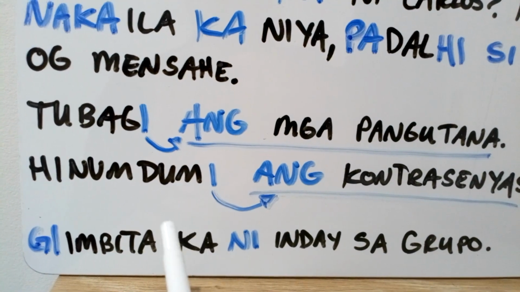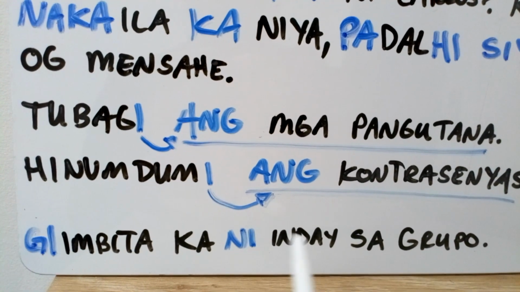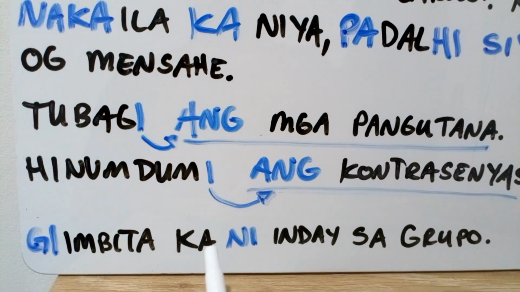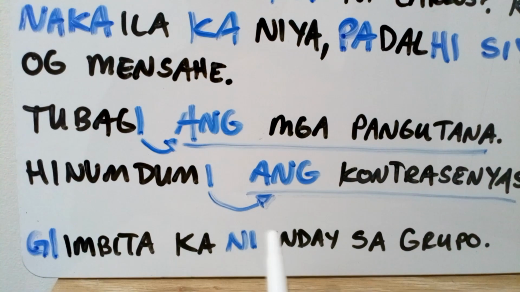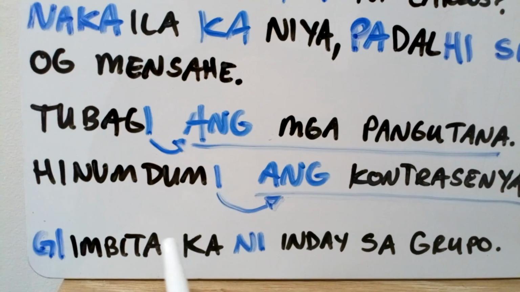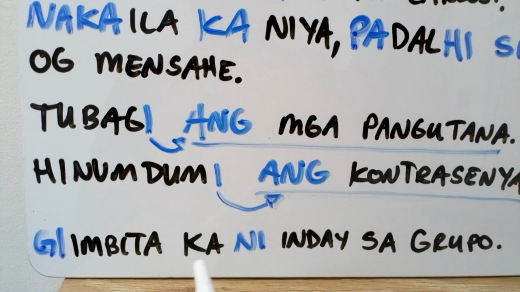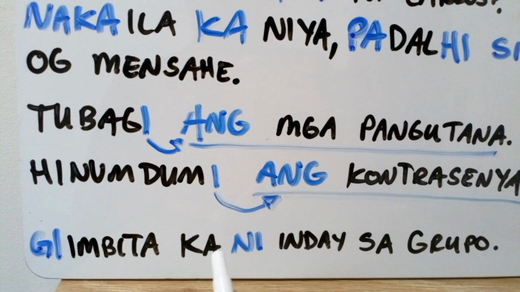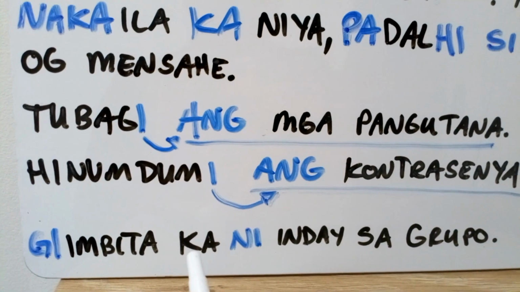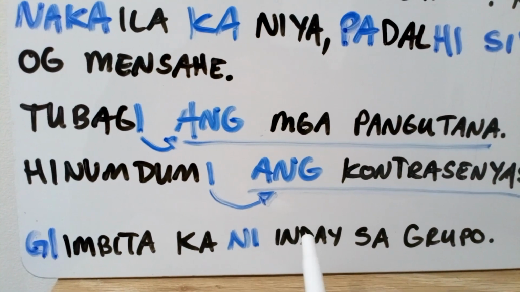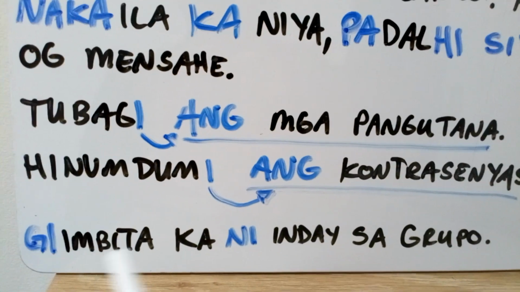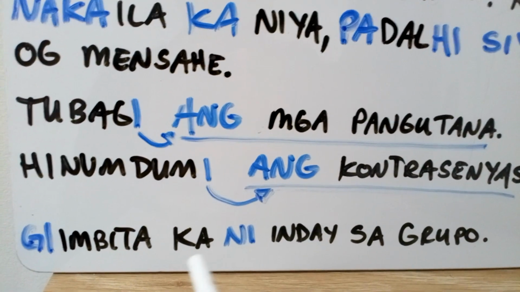If I say Inday invited you to the group, I would have to use si Inday and change everything else, right? Si Inday, and the verb, and this whole other alignment changes. But since giimbita was aligned in the non-focus, you are the one that was by default aligned in the focus, so we can translate the sentence as you were invited by Inday to the group. Okay, but again, it's okay to translate this in English as Inday invited you to the group.